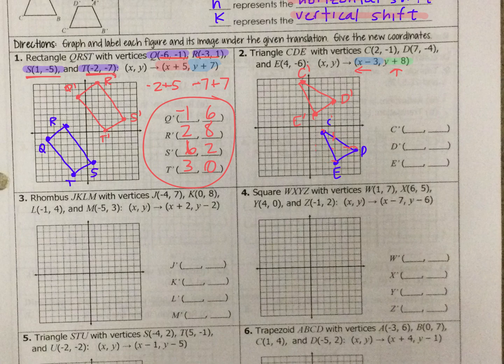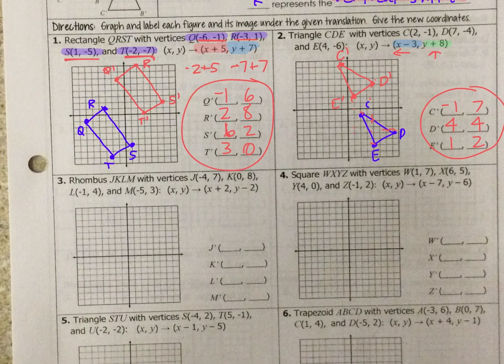Now we just write the points. So let's just look at the picture. C, it's (-1, 7). D, 1, 2, 3, 4, +4, 1, 2, 3, 4, up 4. E, +1, 2. So I just looked at those points and wrote down what they are. So you can either do it mathematically or move it and then write them down, whichever way works better in your brain.